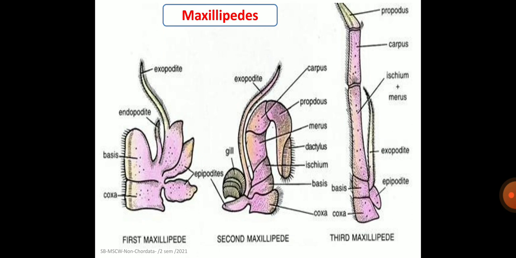In the endopodite, the proximal podomere represents ischium and merus fused. The middle podomere is the carpus and the distal podomere represents propodus and dactylus combined together.